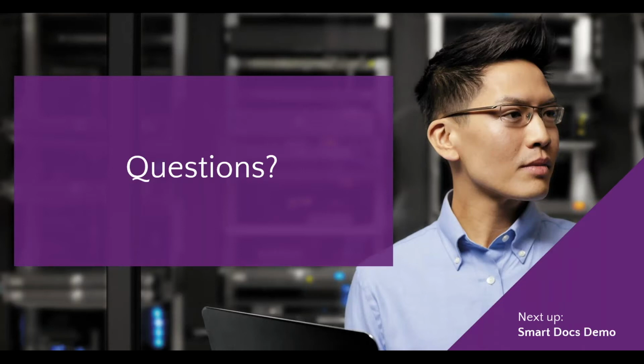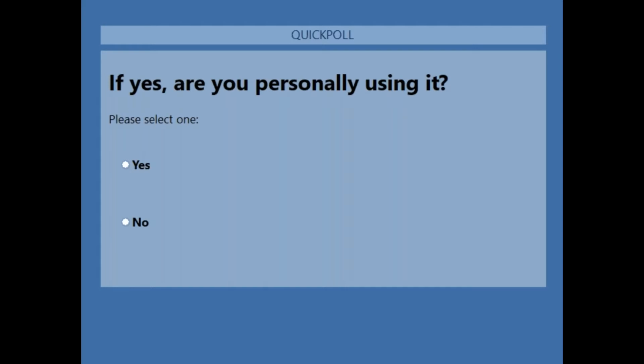The next question is, are you personally using it versus your organization? And so it looks like half and half is the split there. And so we'll go to the next question.